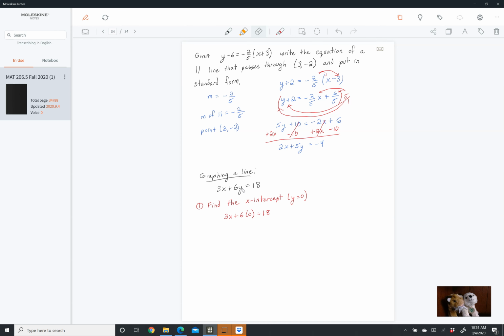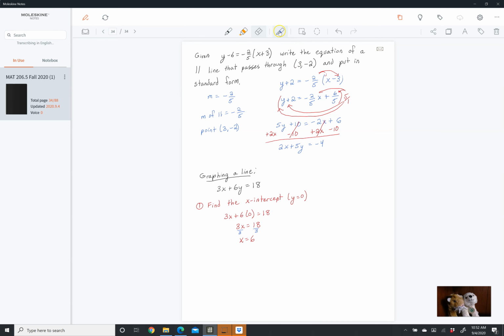And some of you will be able to skip one of these two steps. But you get 3x is equal to 18. And then you get x is equal to 6, because we can just divide both sides by 3, right?